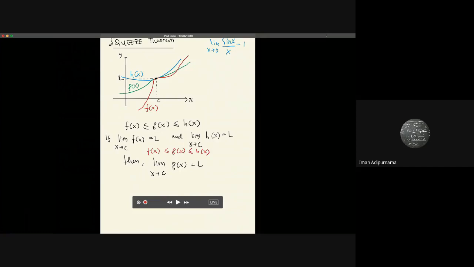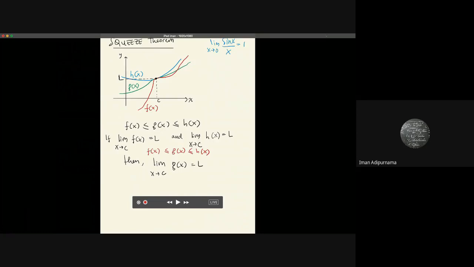So if the function f is less than or equal to g and g is less than or equal to h, the very bottom one has some limit L, and the top one is also the same L, then your middle function that stands between f and h will have the same L. So you can use this theorem if you have f less than or equal to g less than or equal to h.